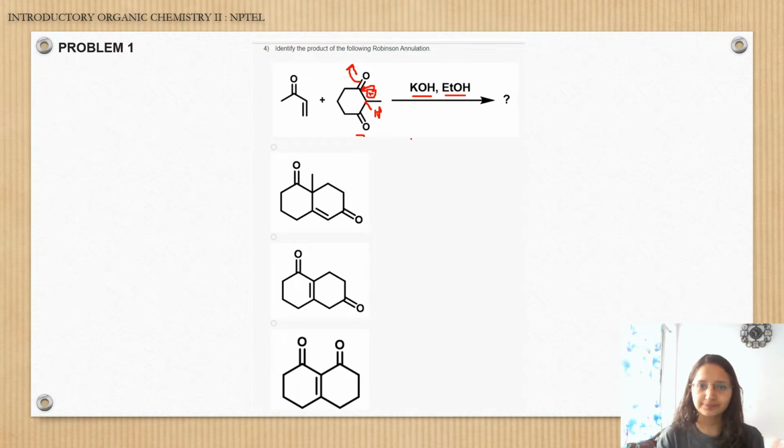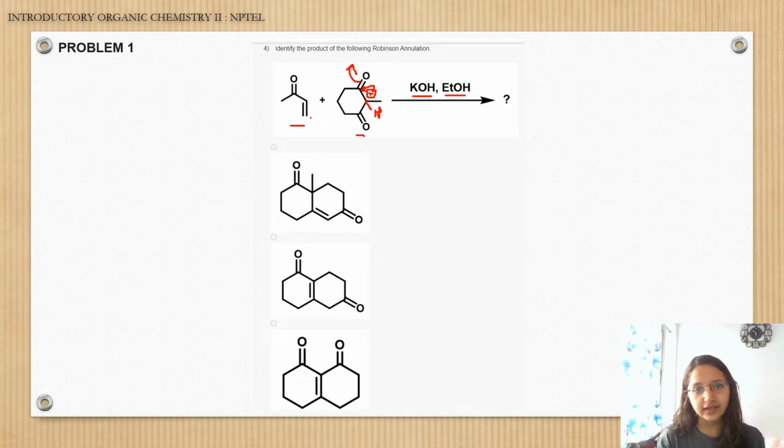Okay, thank you for the response. Now after the formation of this carbanion, as you can see, it is conjugation stabilized. So how will this species react? Is it going to give the 1,2 addition or the 1,4 addition?